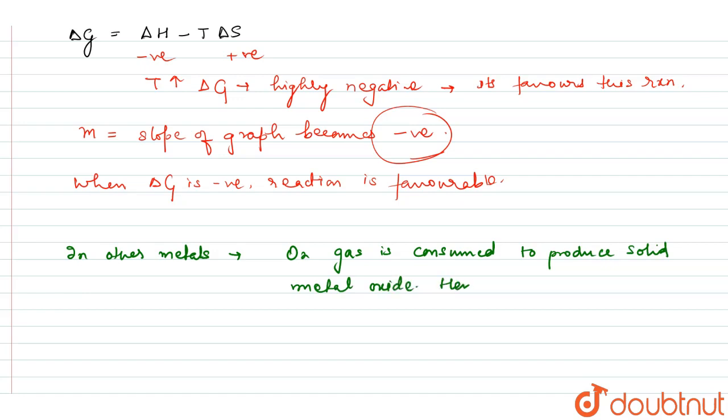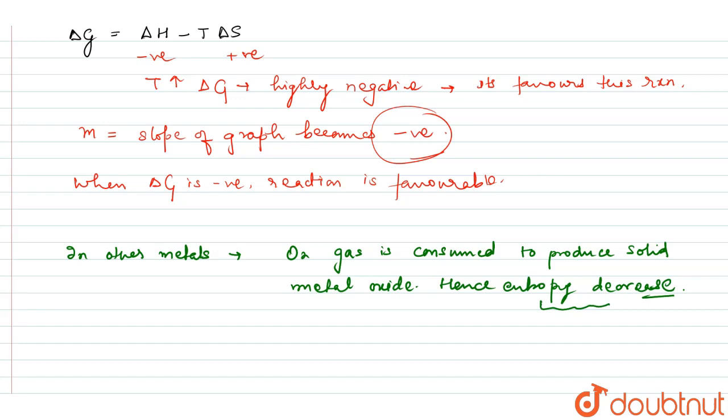Hence entropy decreases. And by the law of thermodynamics, we know that entropy change in the universe should always be positive for a reaction to occur. Negative entropy change is not possible, which shows that such kind of reactions are not possible.